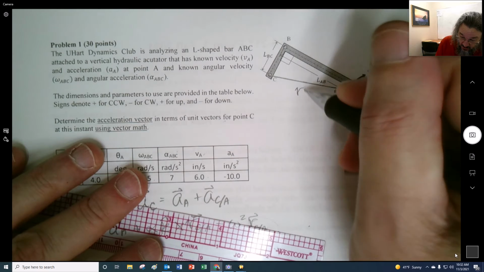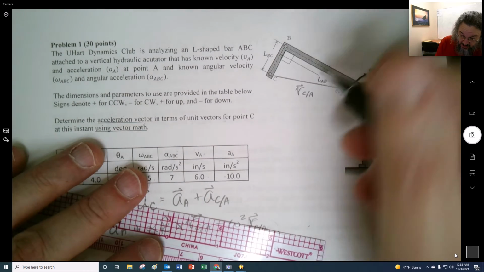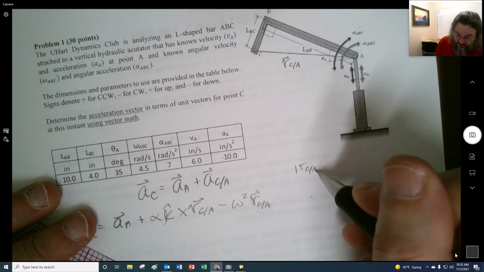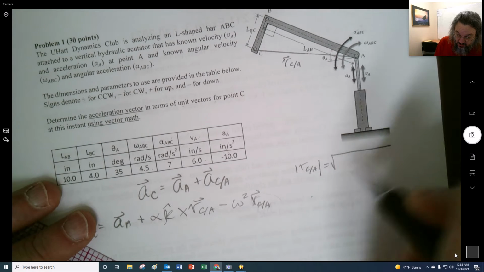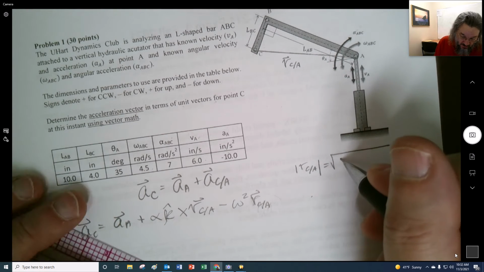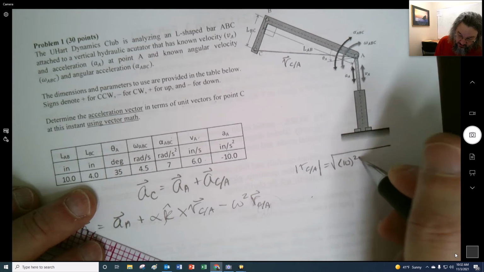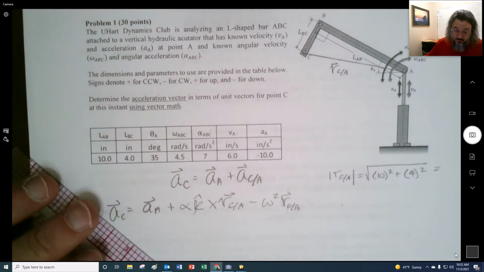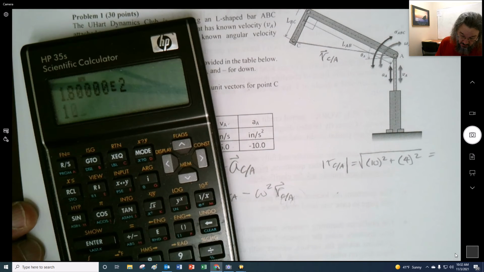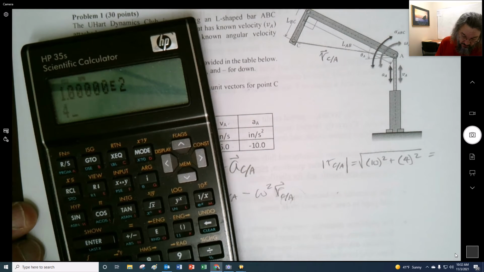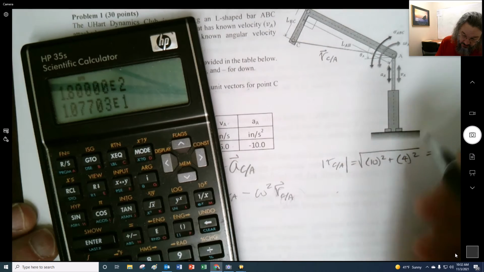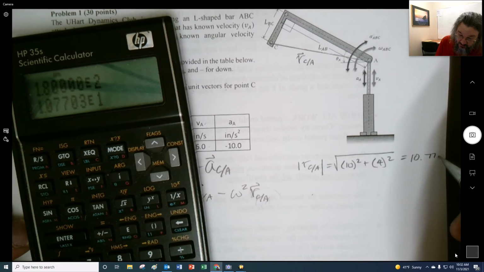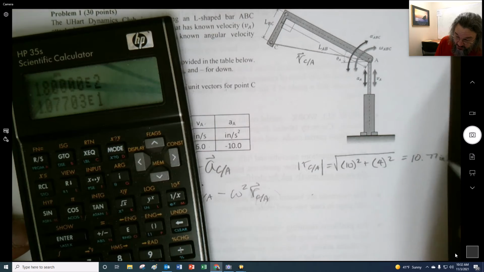That is going to be r of C with respect to A. So the length of r of C with respect to A is going to be the square root of 10 squared plus 4 squared. We get that it's 10.77, and these are in inches, right?